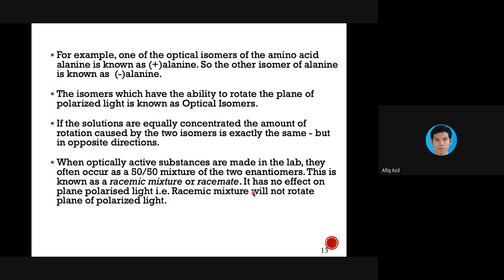If you put in plane polarized light, it will not rotate, because the rotation to the left and to the right is the same amount. You have half positive and half negative, so they cancel each other out. The rotation cancels out.